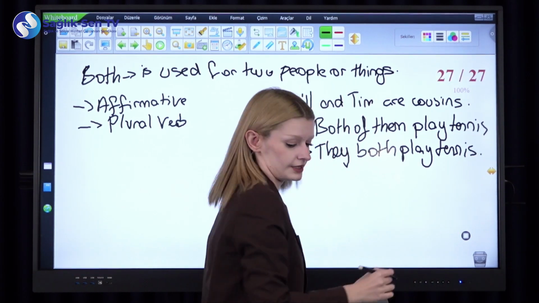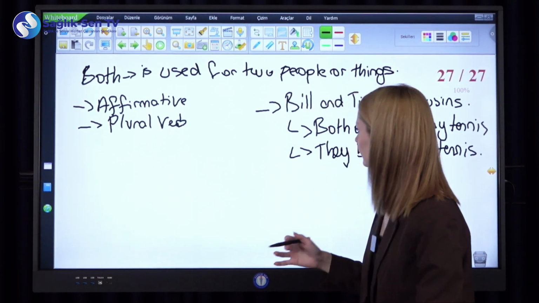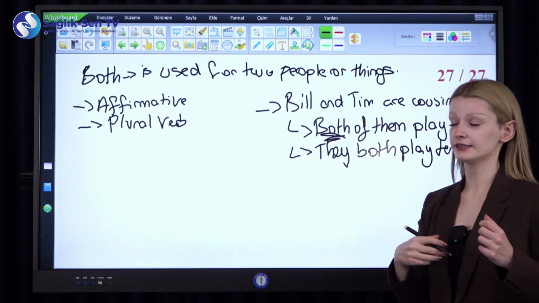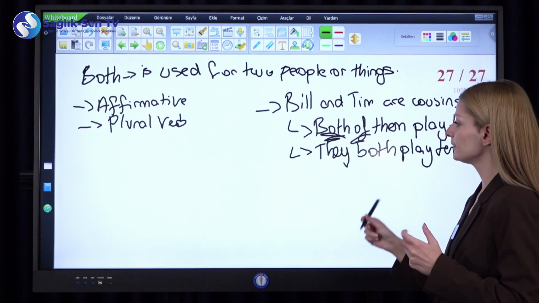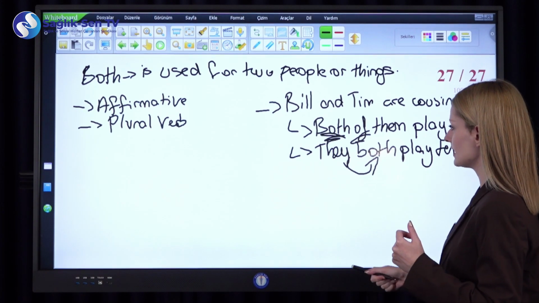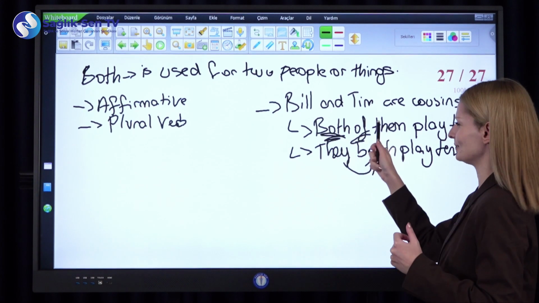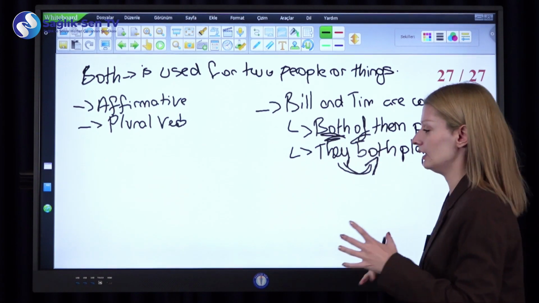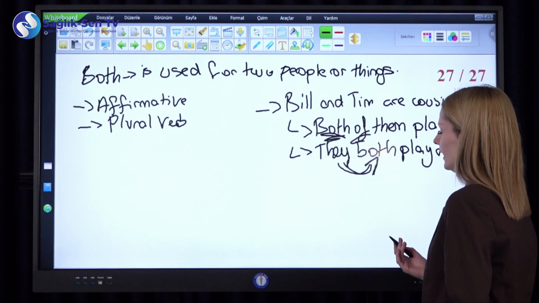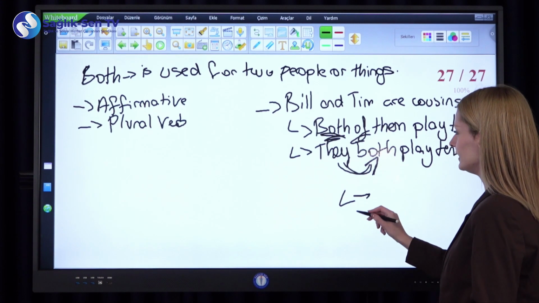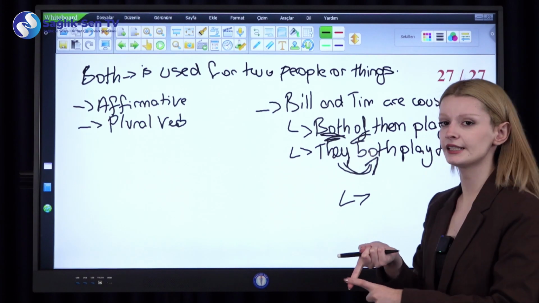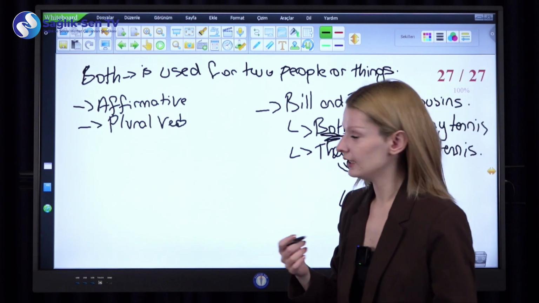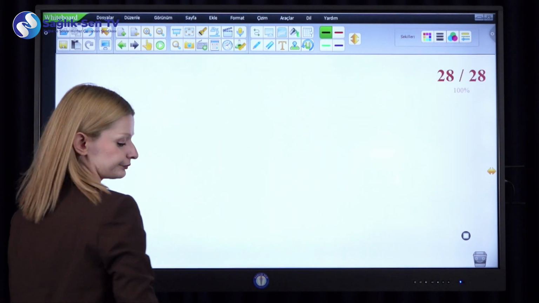So what we understand is I can either use both before the subject with of, or after the subject. What I want to say is that Tim plays tennis, also Bill plays tennis. They play the same thing.